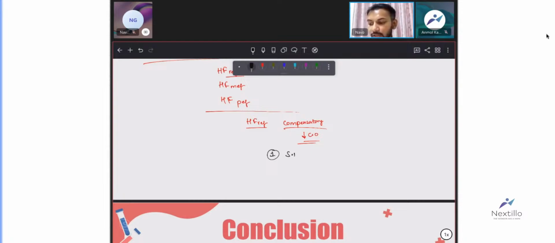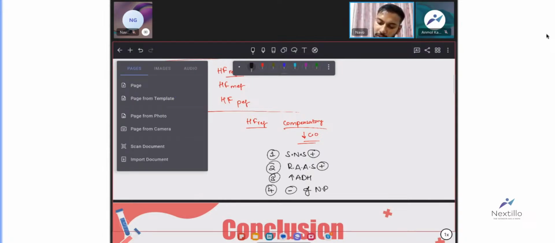I told you, first is sympathetic nervous system activation that will cause renin angiotensin aldosterone system overactivity, and this will cause release of ADH hormone, and finally there is also inhibition of natriuretic peptides. Yes, so 3 concepts done.